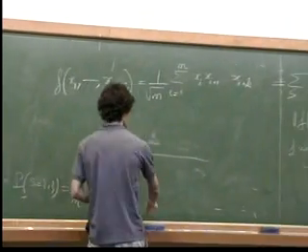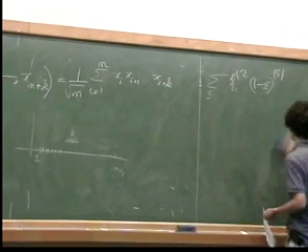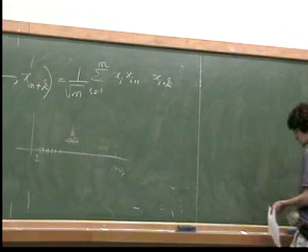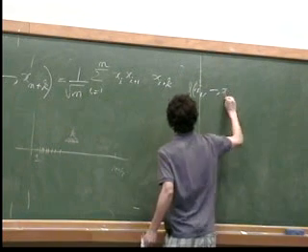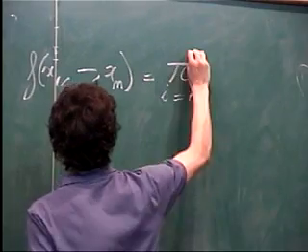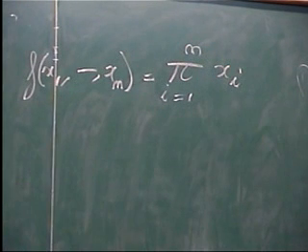Now, actually the worst function you can imagine is this one: you take the product of everyone. Somehow this is a parity function, right?